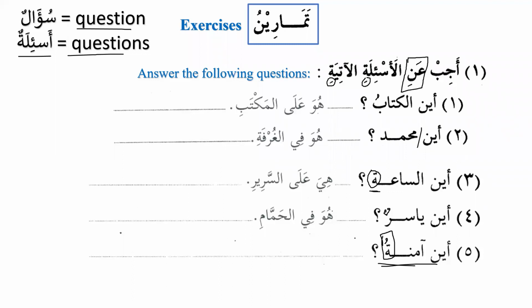If you remember the categories I told you, the names of the prophets, like Ibrahimu, Ismailu, Ayyubu, Yaqubu, they do not accept tanween. But all Arabic names accept tanween, even though they are proper nouns. But the feminine names don't accept tanween. So that's why we say Aina Aminatu. Where is Amina? Amina is hiya, isn't she? Yeah, hiya. So we will say hiya fil matbakhi. She is in the kitchen.